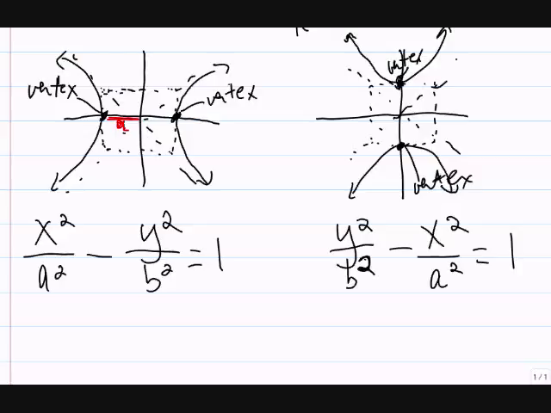And the distance from the center to the vertex on these is b. Yes, ma'am. We always do a on the horizontal, b on the vertical. Your book doesn't. And it's okay to name them either way. We just kind of find it easier to keep the a's with the x's and the b's with the y's. So on these, the a's are just going to be for the horizontal ones to find the vertex. The b's are going to be for the vertical ones.